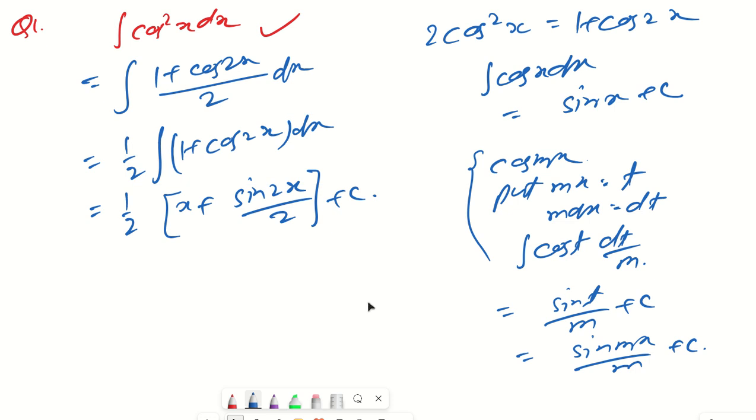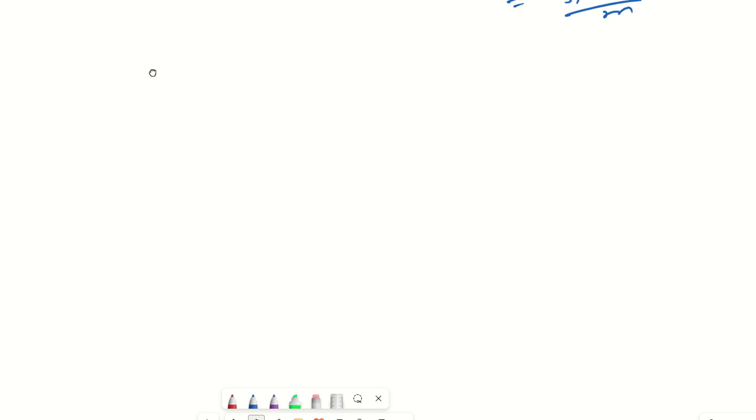Okay, let's take another question. Question 2 is the integration of sin 2x into cos 3x dx. This is also going to be a very easy question.